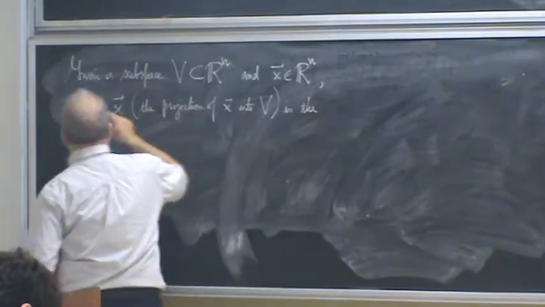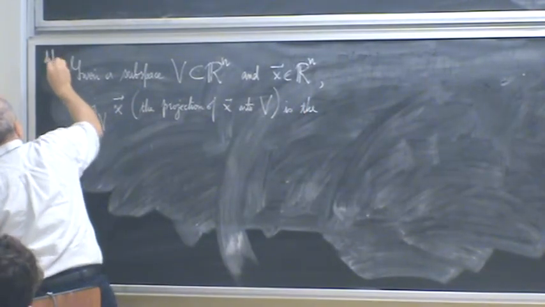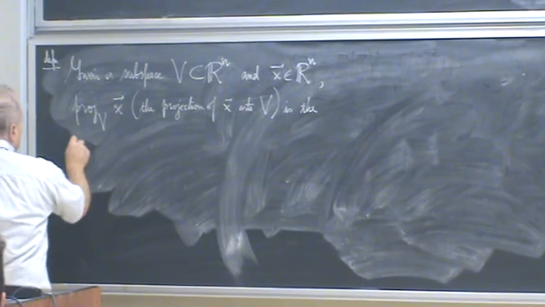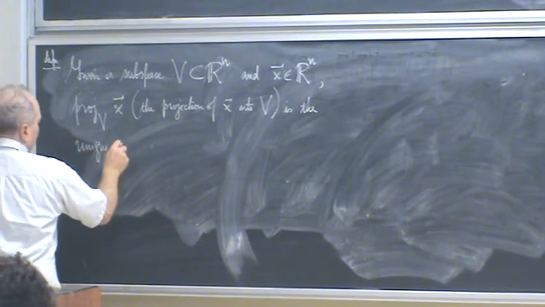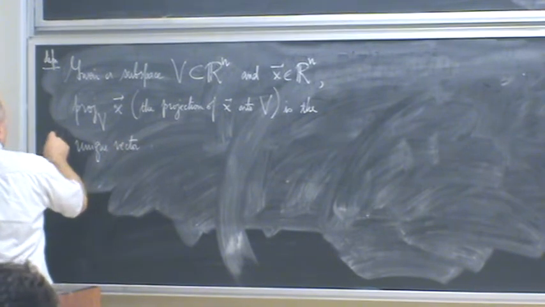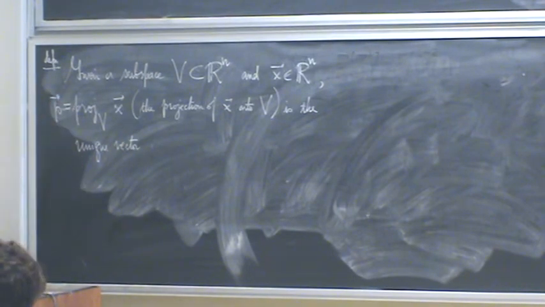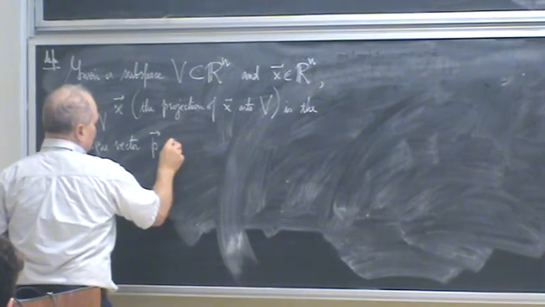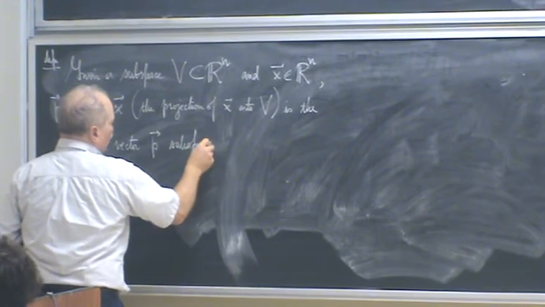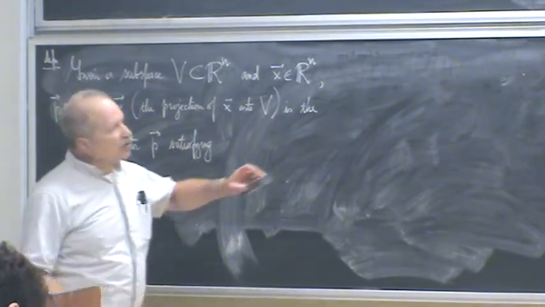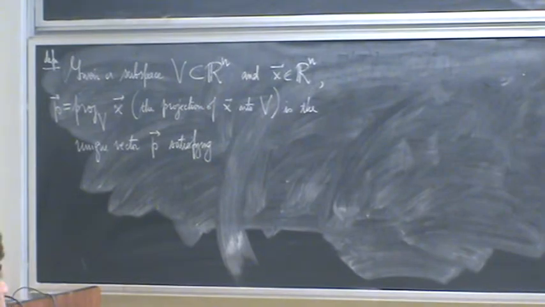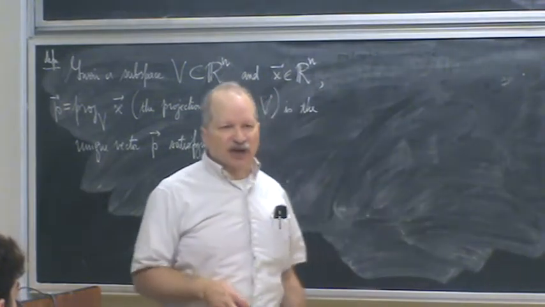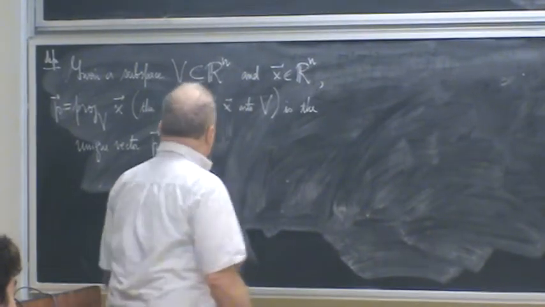I should call this a definition. It is the unique vector, let's call it P for projection, with what properties? What should that red vector have said about it in order to qualify as our best possible vector? First of all, P should be in V.